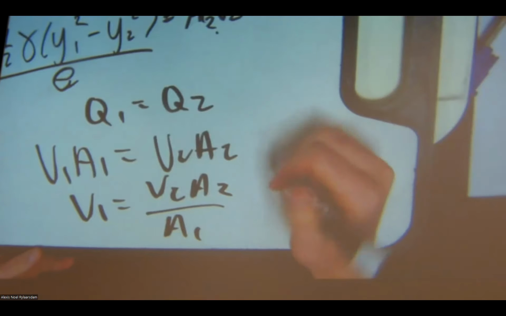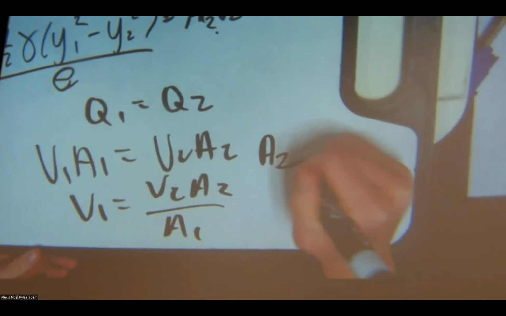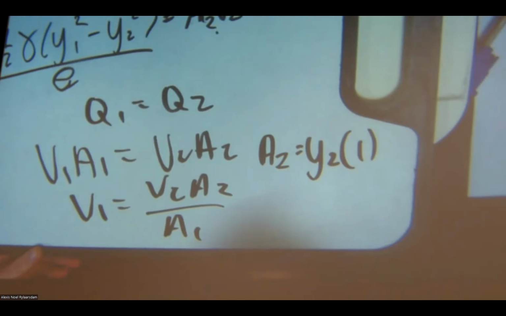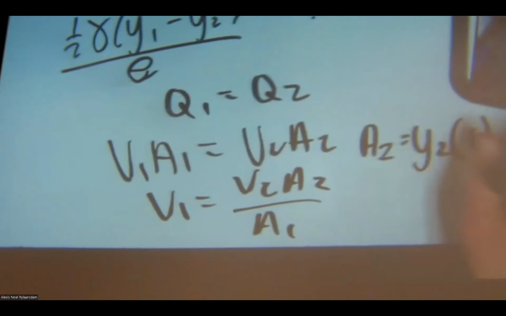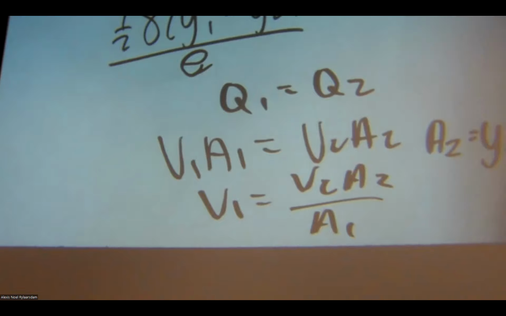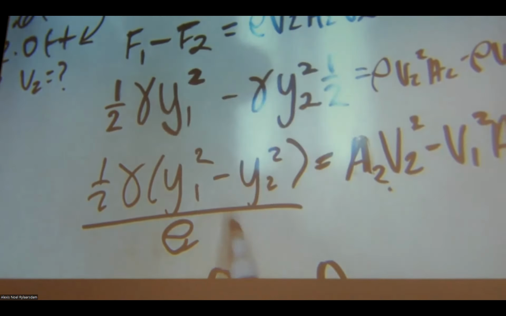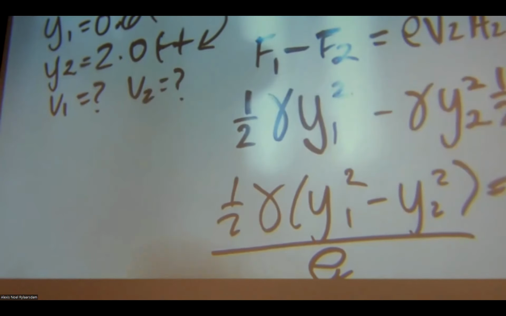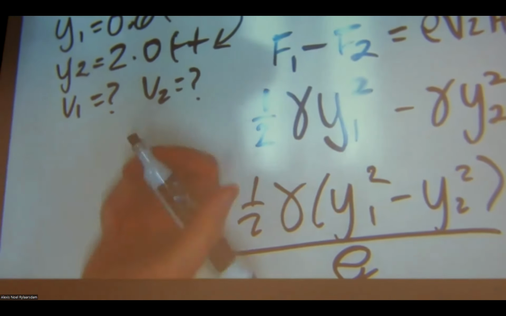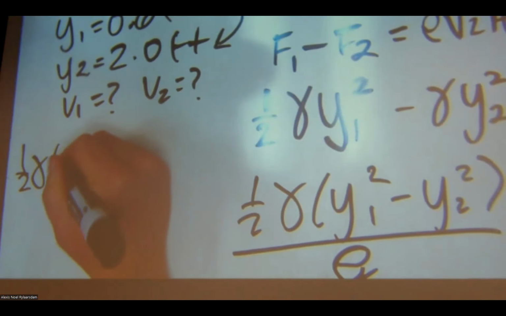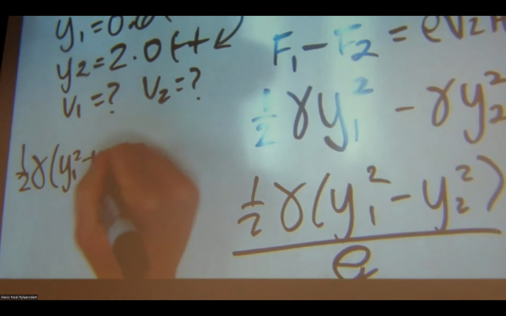So A2 equals y2 times 1, so A2 equals y2, and A1 equals y1. Let's plug that into the equation up here, and plug in our values from the Q. So 1/2 gamma y1 squared.